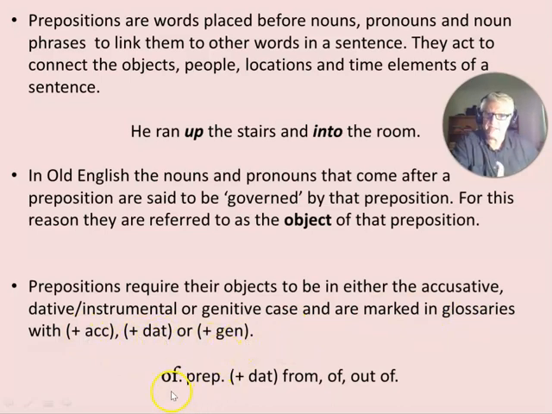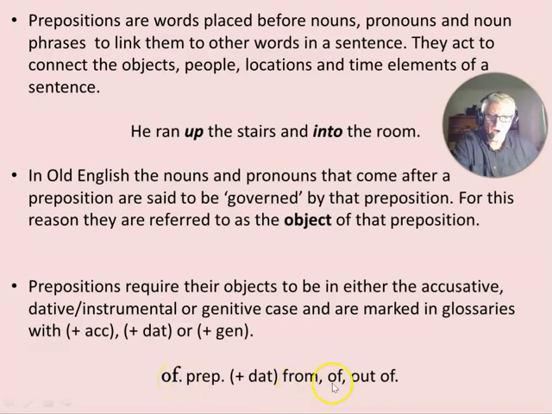An example you'll see in an Old English dictionary would be the word of. It's a preposition, and it takes the dative, requiring objects to be in the dative. In that sense, it has the sense of the word off. We interpret it as pronounced off, unlike modern English, where it's pronounced of.